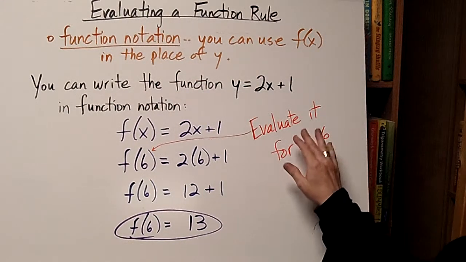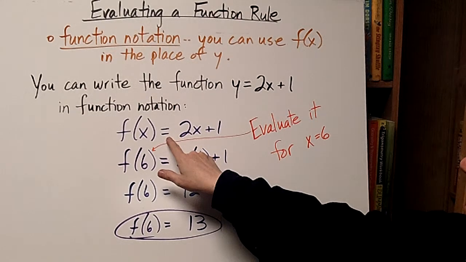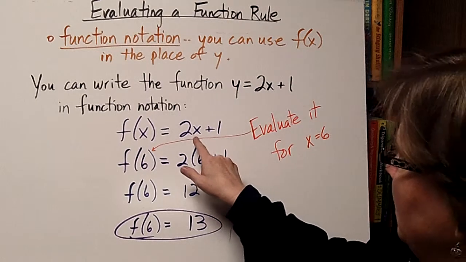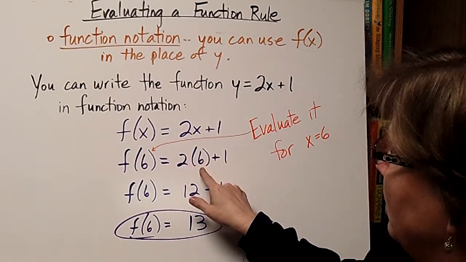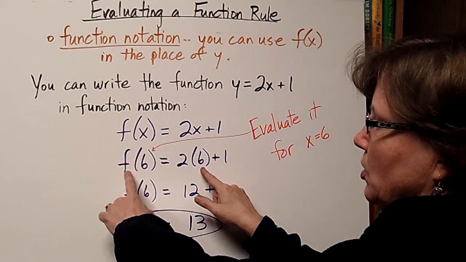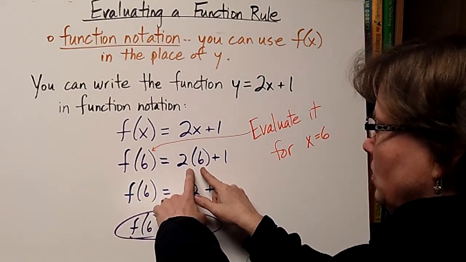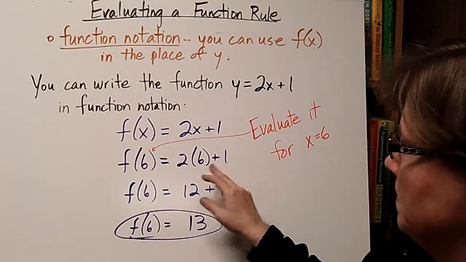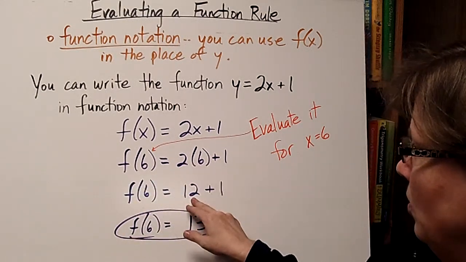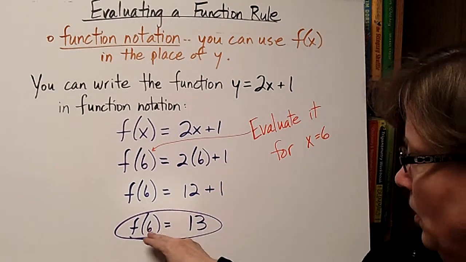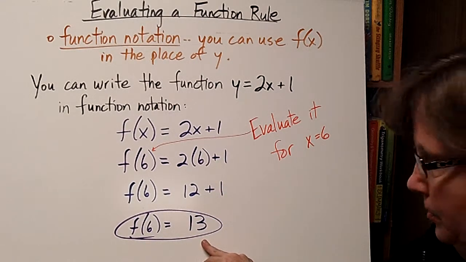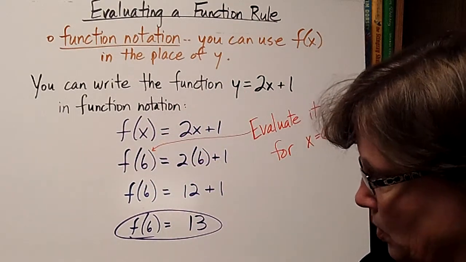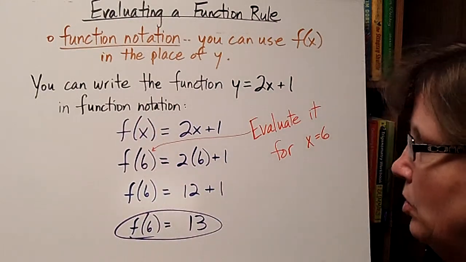So if we evaluate this function for x equals 6, we're going to place 6 in for x. So in this case we'd say f of 6 is, and you put the 6 in the blank, so it'd be 2 times 6 plus 1. So f of 6 equals 12 plus 1, f of 6 equals 13. So it's exactly the same as a y, except it's more specific as to tell you for which value of x.